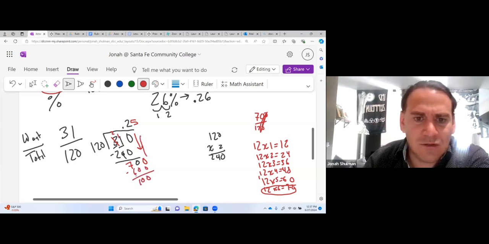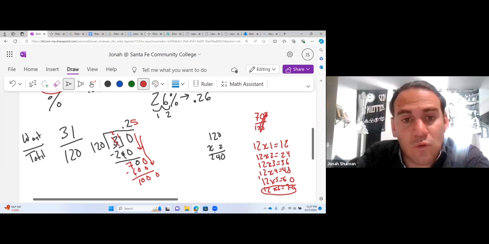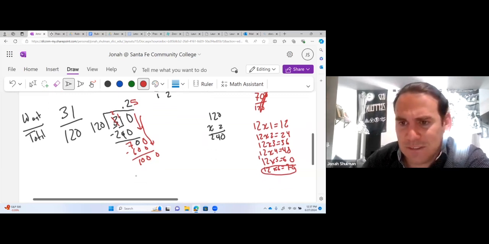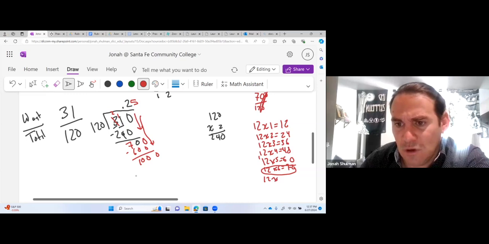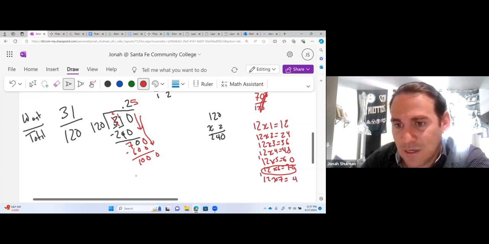So I bring down another 0. So there's a remainder here. We can keep going. Let's go one more decimal place. So we know 12 times 6 is 72. 12 times 7 is, well, if you don't know, 7 times 2 is 14. Carry the 1. 7 times 1 is 7, 84.